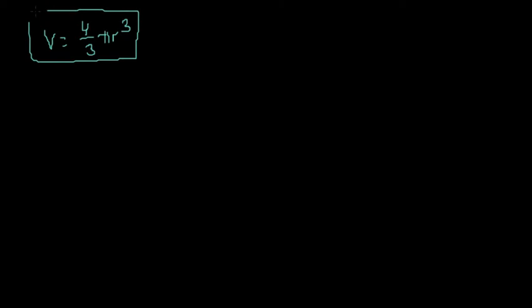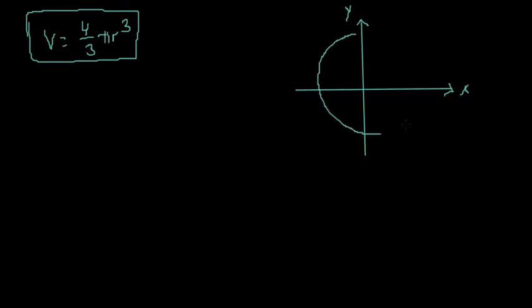Let's prove this equation. In order to prove it, let's say that this is our coordinate axis, here's our y, here's our x, and there's a circle inscribed in it.